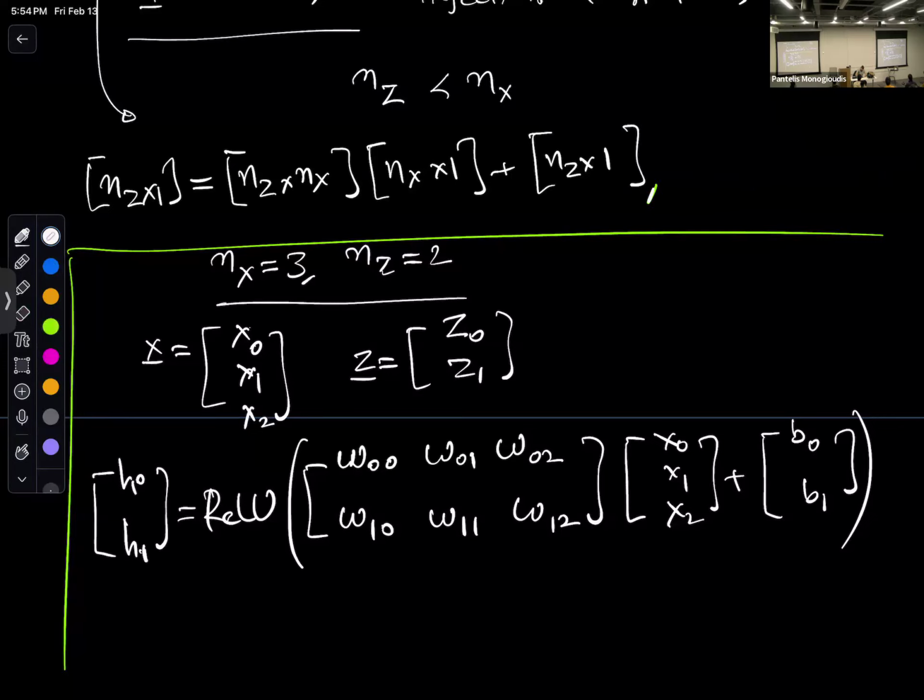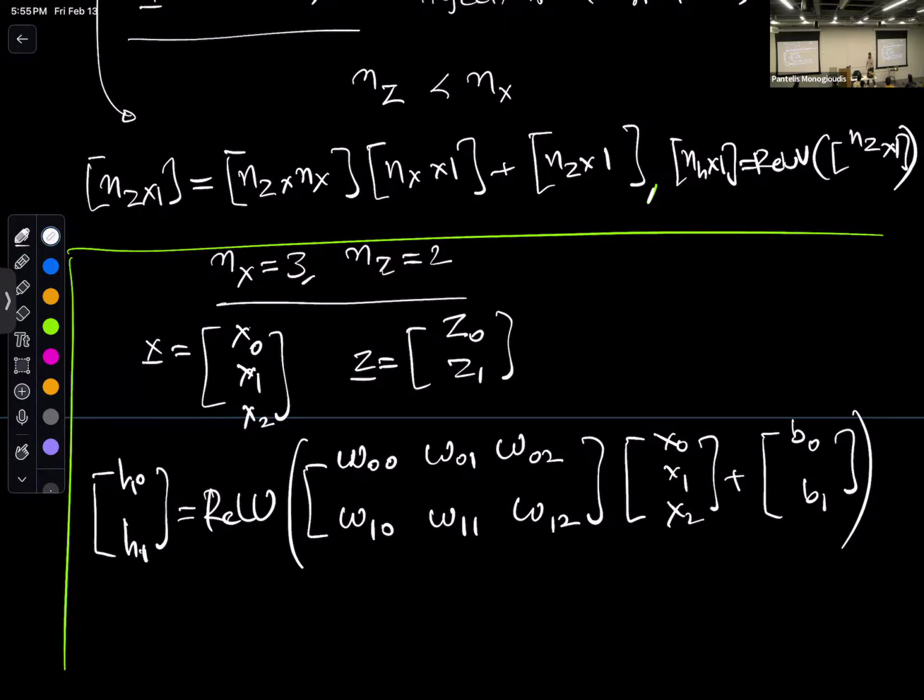I need to write in smaller letters, which is difficult. NH by 1 is equal to ReLU of NZ by 1, close parentheses. Which means that H will see what the first element of the input vector is, apply the ReLU, and spit it out as the first element of H, right? Does it make any sense?